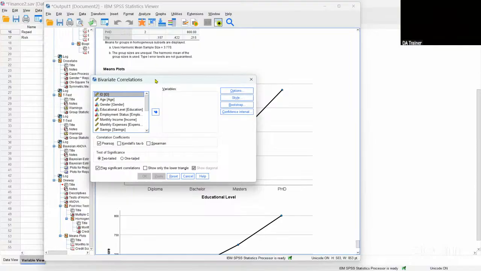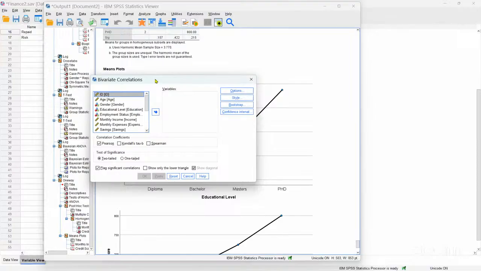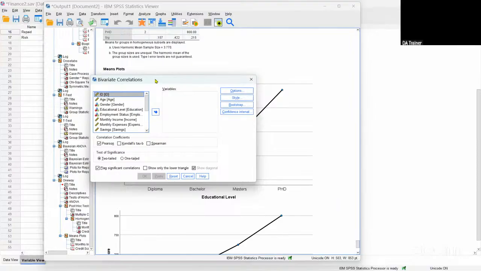But if there is neither positive nor negative, that means they are not correlated at all, in any form. That's if the result is 0. The result should be positive, which is 1, or negative, which is minus 1, or very close to minus 1. But when it is 0, the correlation is weak.